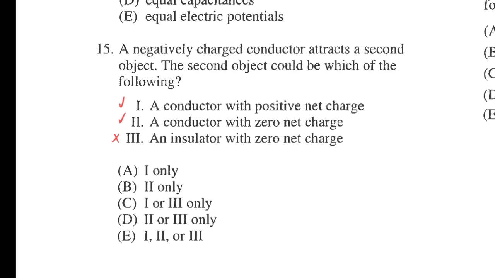Sure. If we have a conductor with a negative charge, and we bring anything with an overabundance of positive charge, there's going to be an attractive force between them. I think that one's the straightforward answer. The less straightforward one is if I bring a neutral conductor, you can induce a charge.